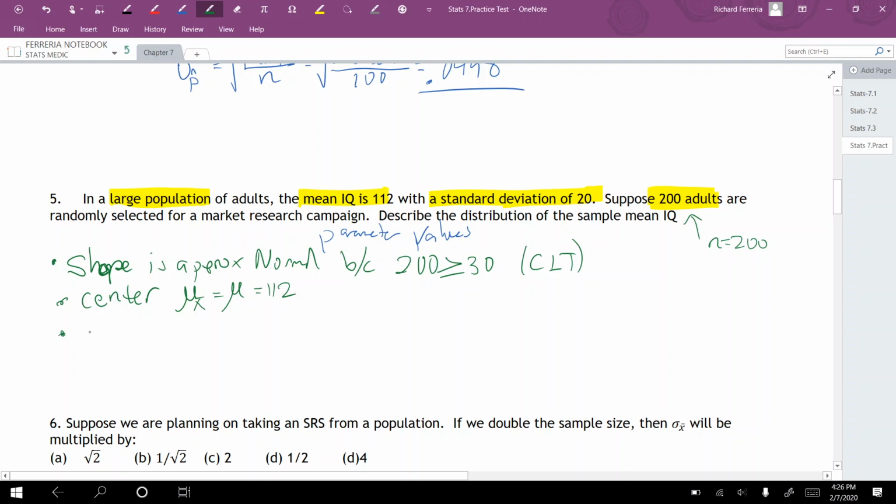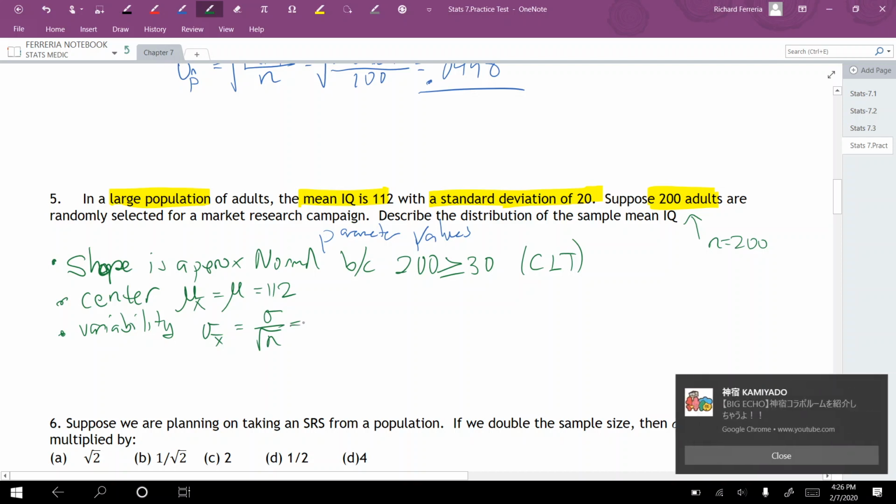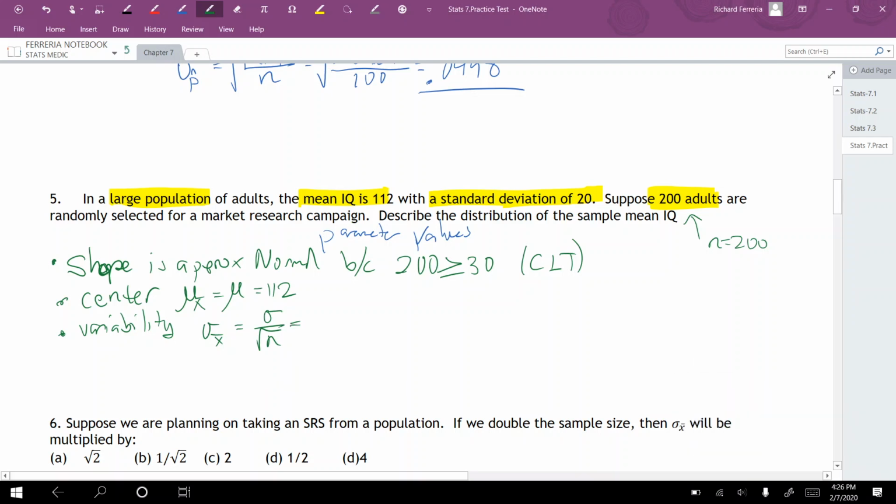And finally, for variability, sigma x bar is going to be equal to the sigma of the population divided by the square root of the sample size. That's that inverse square root relationship we were talking about in class so much. So what do we have for sigma? Sigma is 20. What do we have for the sample size? Sample size is 200. We'll compute that real quick.